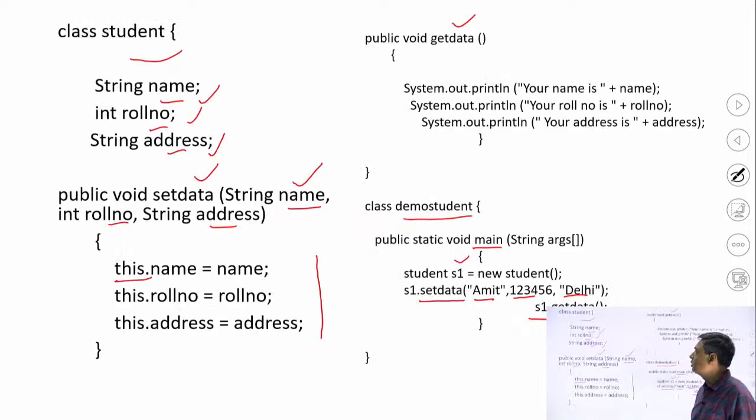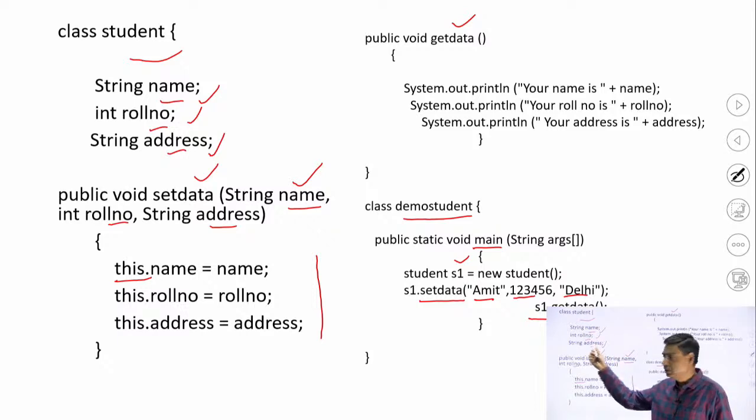Next I discussed the this keyword. Whenever the name of the argument and the name of the class variable are the same, it is difficult to distinguish between the argument name and the class variable name. To identify the class variable, we have to use the this keyword, that is this.name.